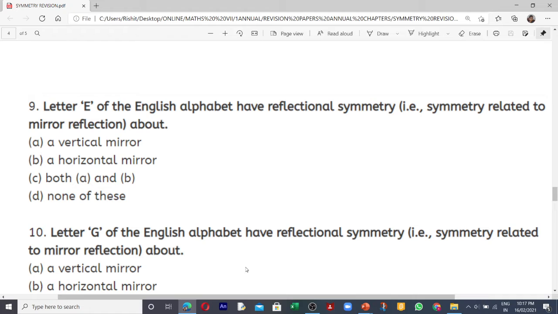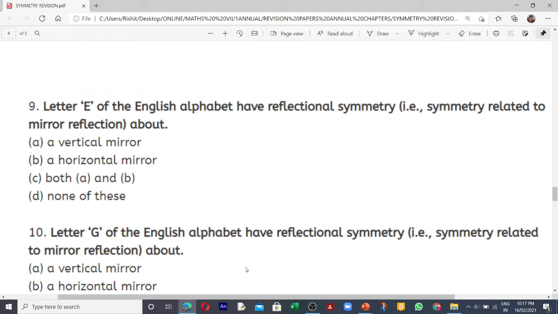So letter E is about a vertical mirror, about a horizontal, or both A and B, or none of these. If you place letter E in front of a mirror, then it will show reflection. So will it be vertical? Will it be horizontal? Will it be both or none of these? You have to write down the correct answer. 9th, A, B, C or D. Which option is correct? Quickly write down.